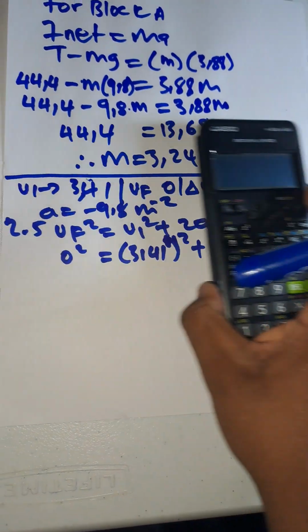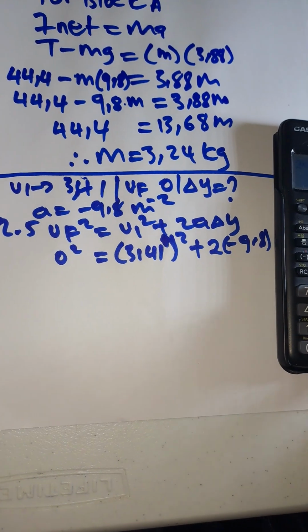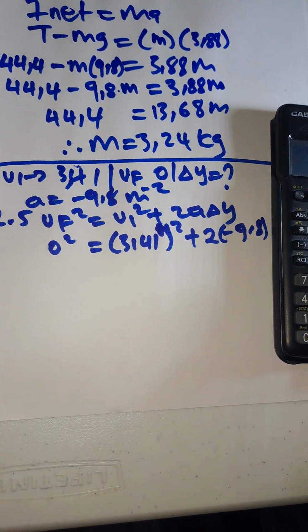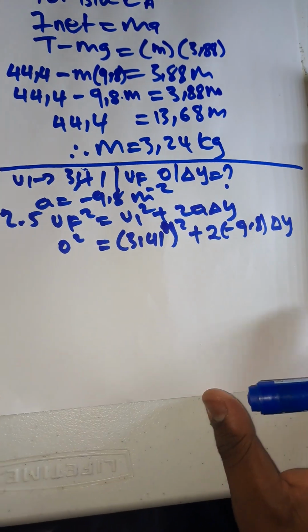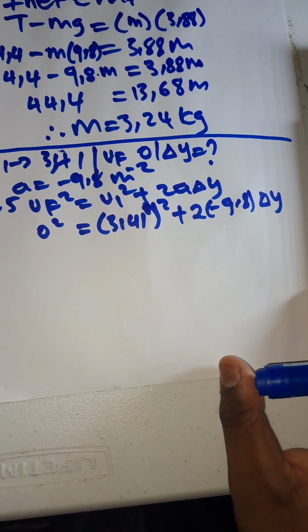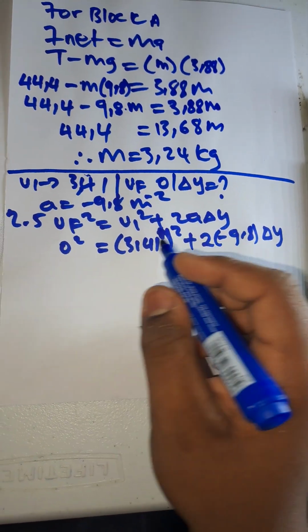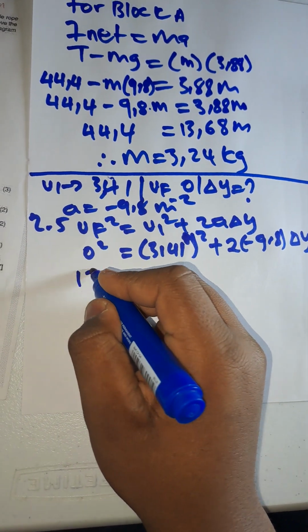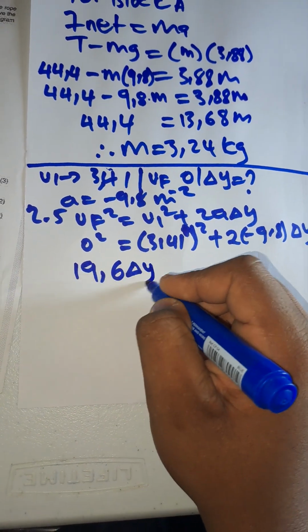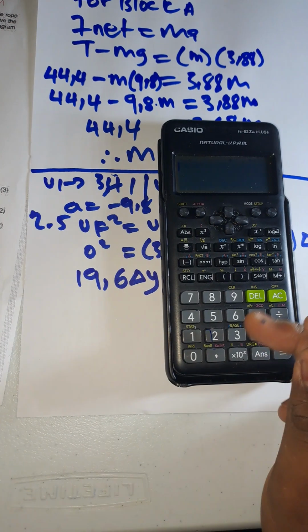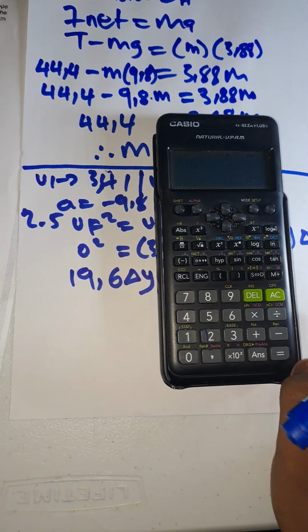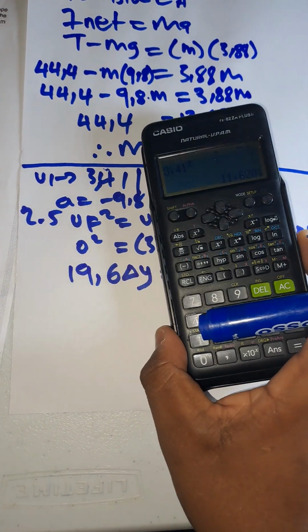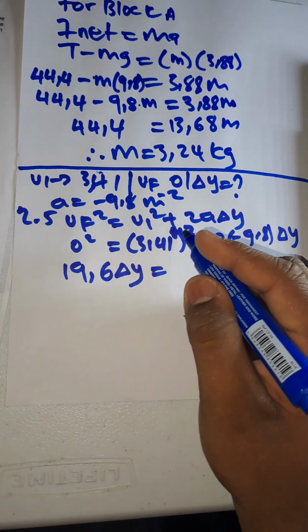What is 2 times 9.8? It has to be 19.6. So 19.6 delta y is equal to 3.41 squared, which is 11.6281, right?